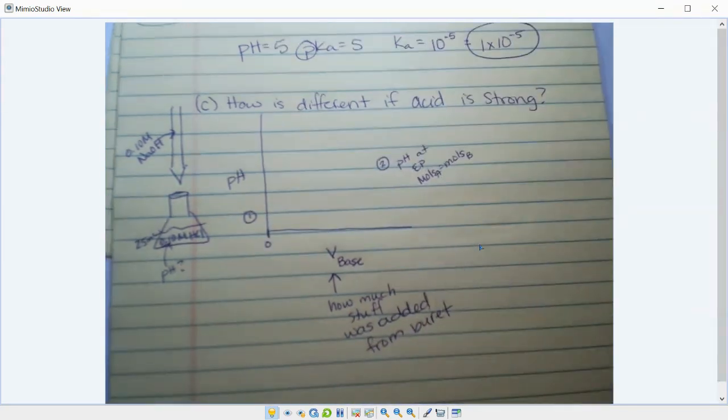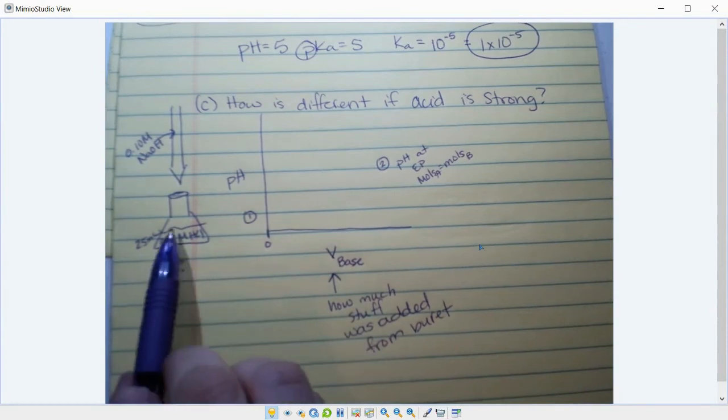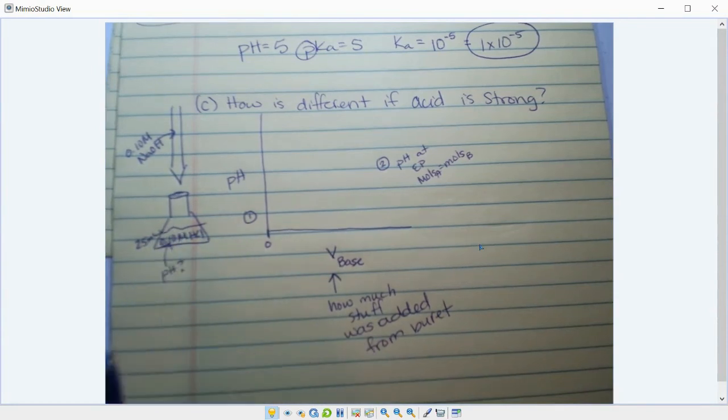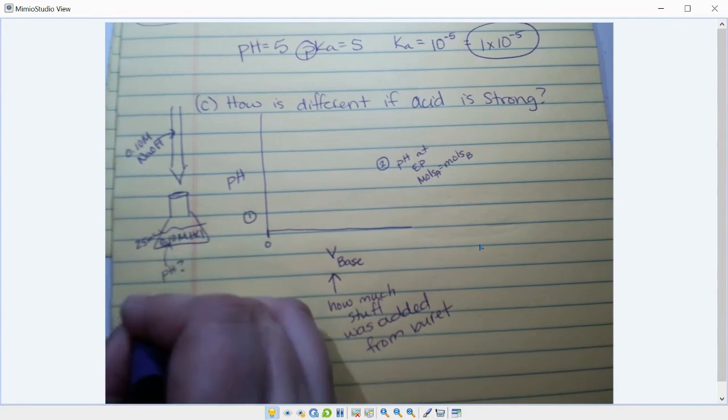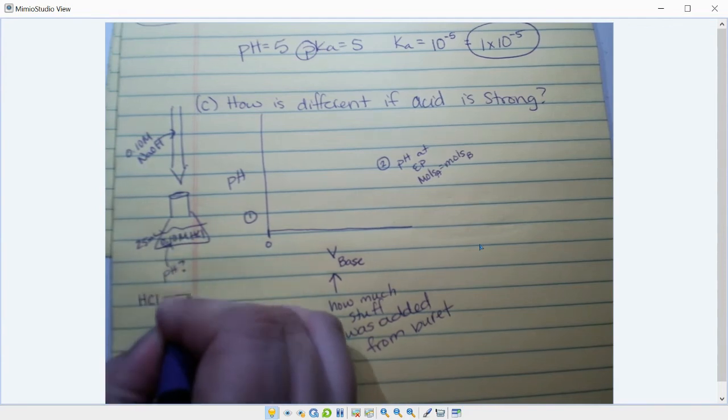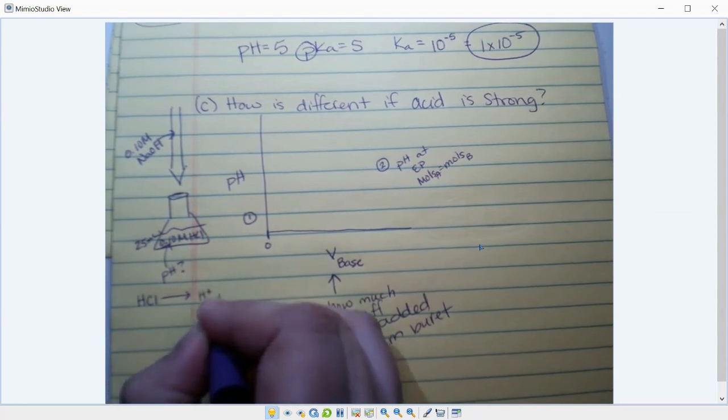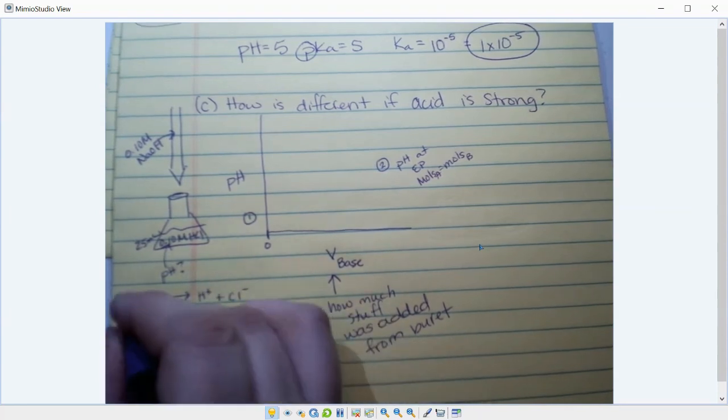So this first point, all we need to know is what's the pH of this stuff in here. Well, remember, if the stuff in here is strong, that is super easy to calculate, because HCl is strong, which means it completely goes to H+ and Cl-. There is no HCl left.